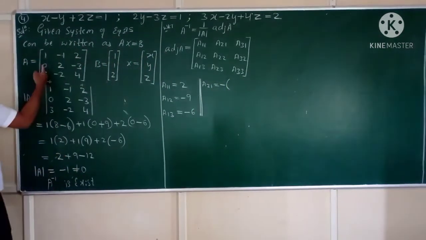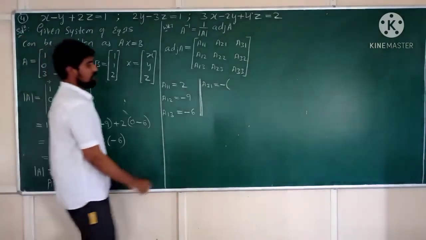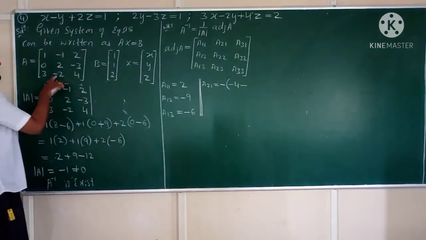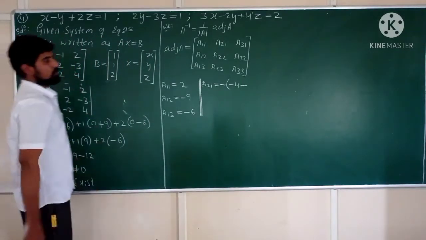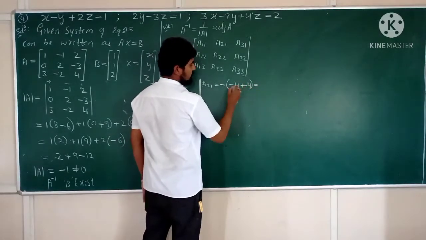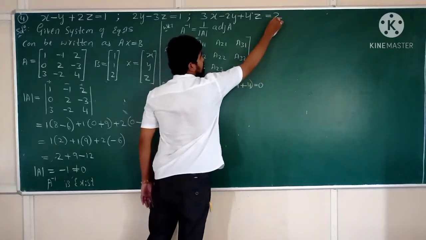After deleting this, the remaining elements are -1, 2, -2, 4. So -1 into 4 is -4, minus -2 into 2 is -4, minus into minus is plus, which is equal to -4 plus 4, which is 0.